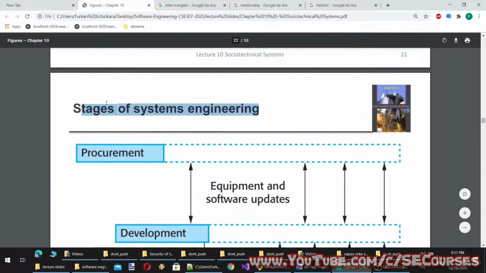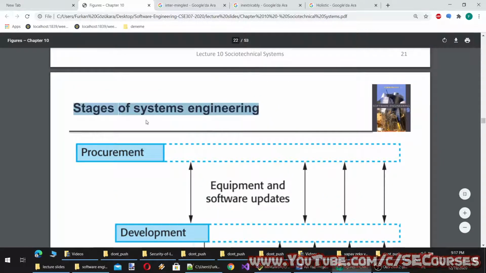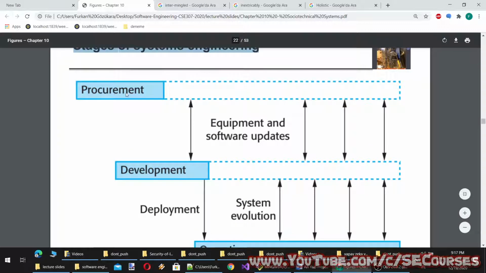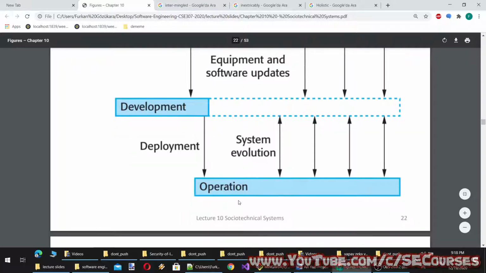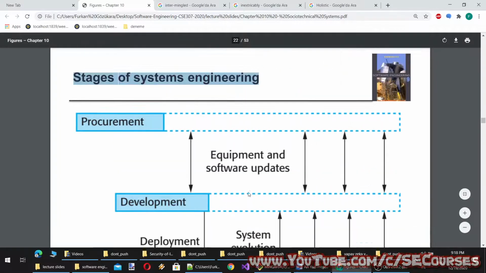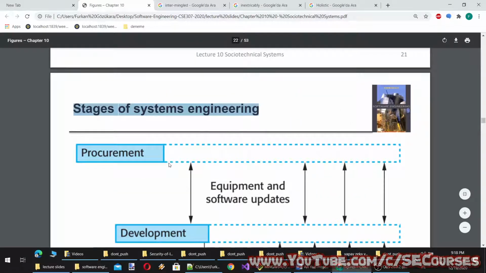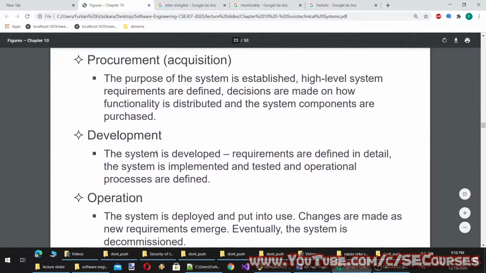Stages of systems engineering: the procurement stage, then equipment and software updates, and then it moves to the development stage. Then the development stage moves to system evolution and operation. So these are the stages of systems engineering.